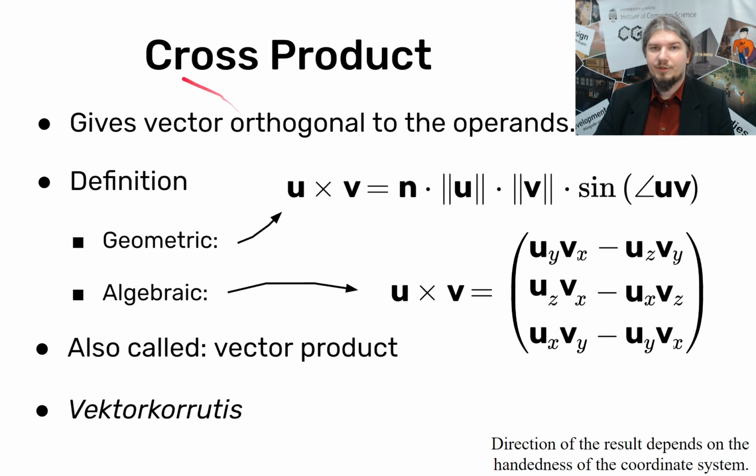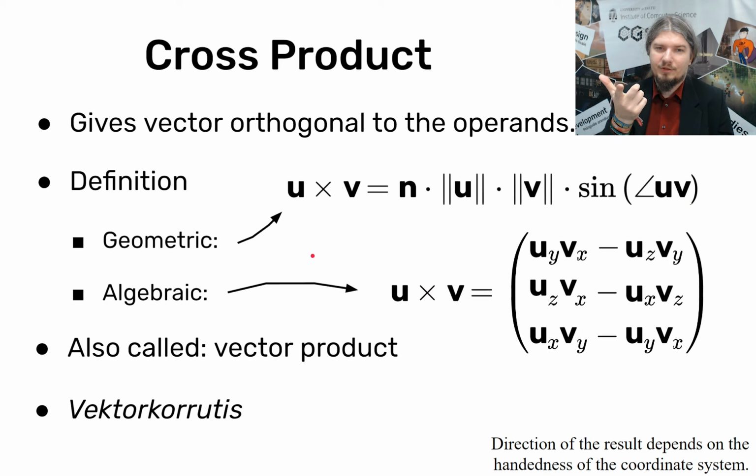Another useful operation is the cross product. It's not as useful as the dot product, but sometimes we want to use a cross product as well. The cross product gives a vector that's orthogonal to the operand vectors. It also has two definitions, and we're not going to go too much into these, and you've probably learned them in your high school math class.